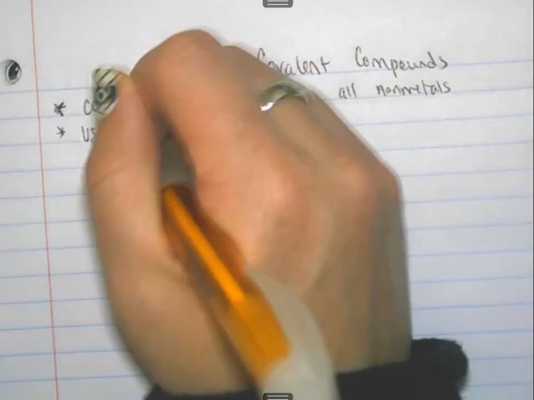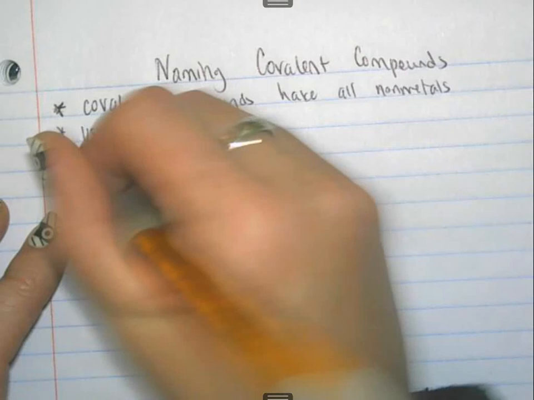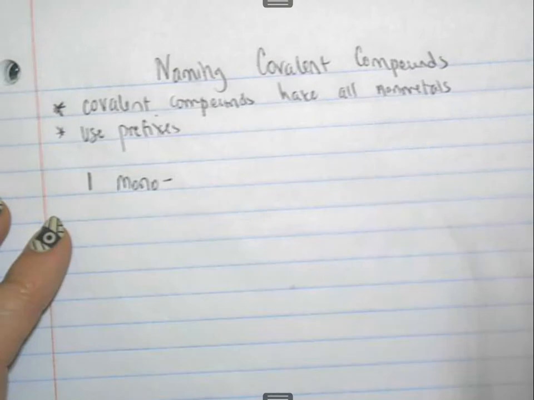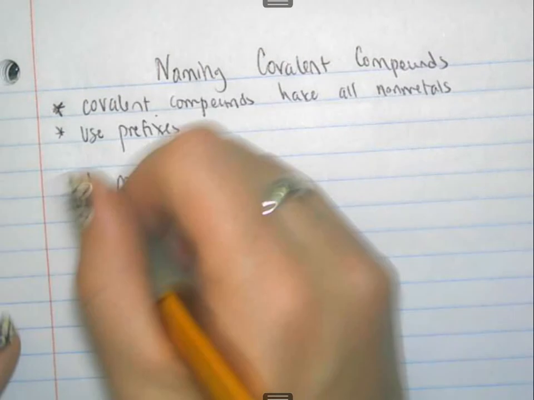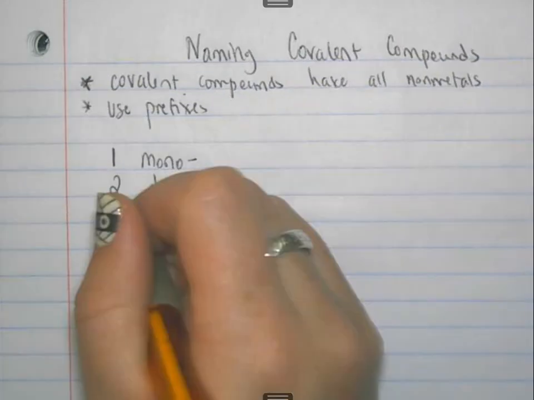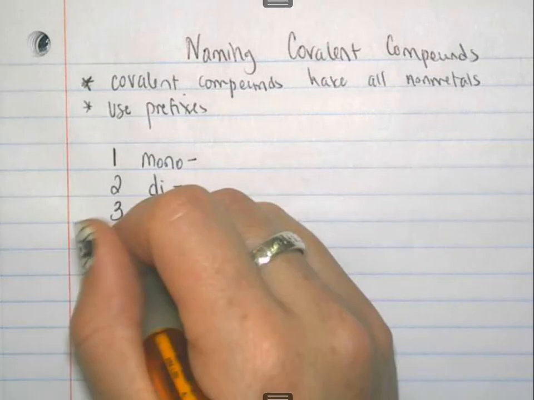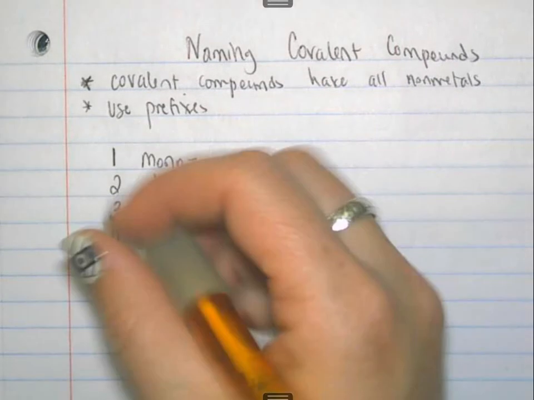So here they are. For the number, if there's 1, we're going to use the prefix mono. 2 is di. 3 is tri. 4 is tetra.